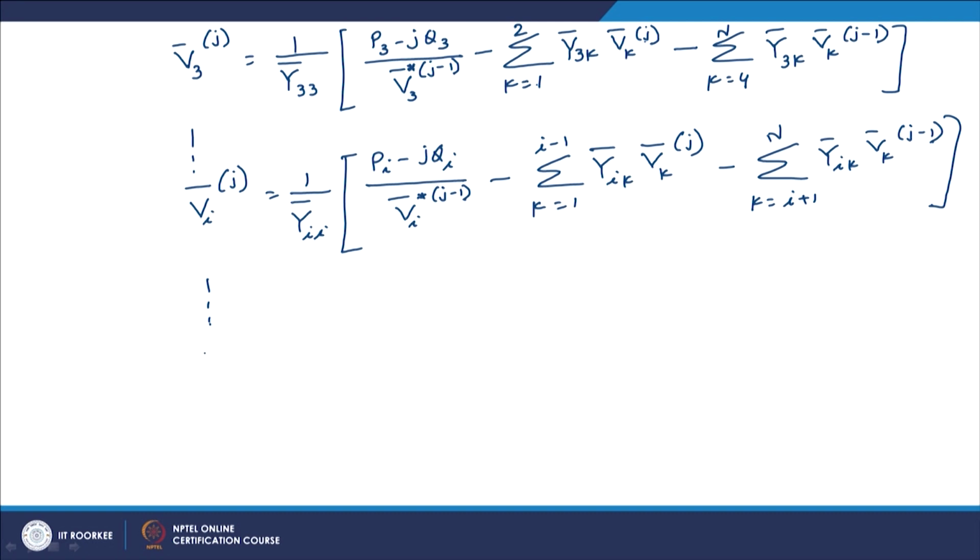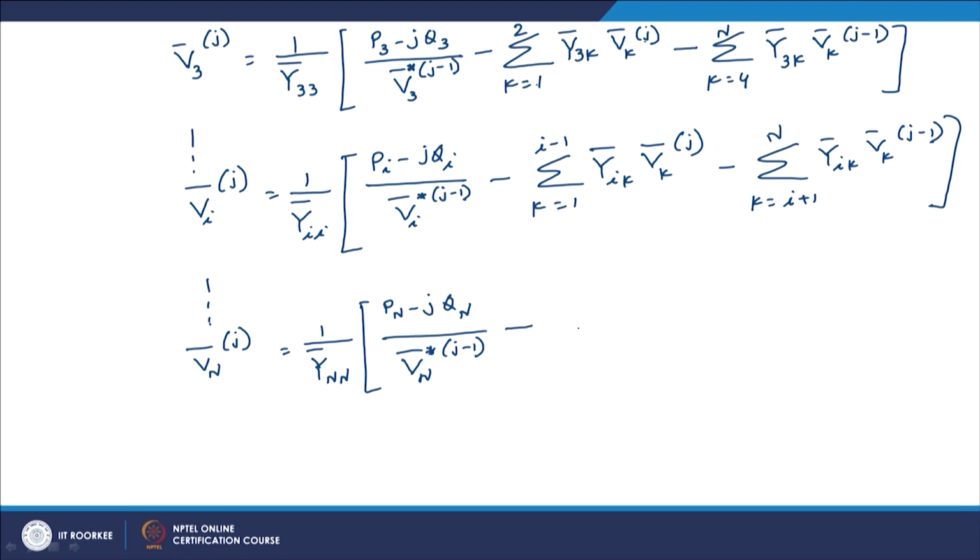Dot dot dot, for Vn at j, it would be 1 by Ynn, Pn minus jQn over Vn star. Vn we have not as yet solved for, so it would be j minus 1, still the previous one.